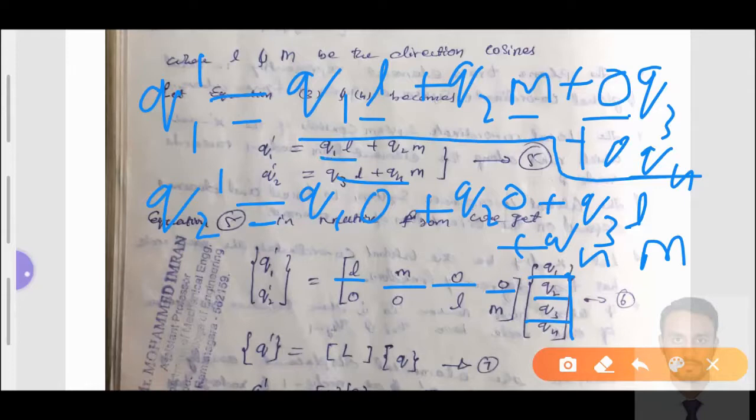We have only q1 L and q2 M in the first equation, so that is the reason q3 and q4 have coefficient 0.